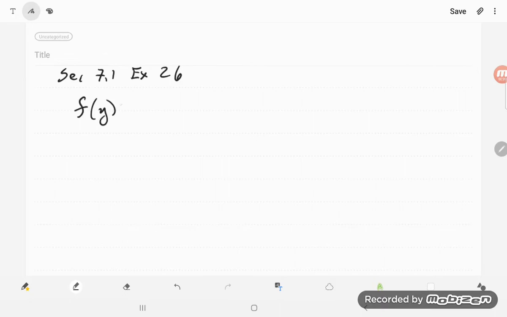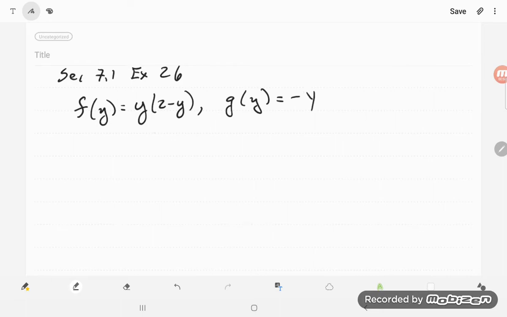So when they do that, f of y is y times 2 minus y, and g of y is minus y.